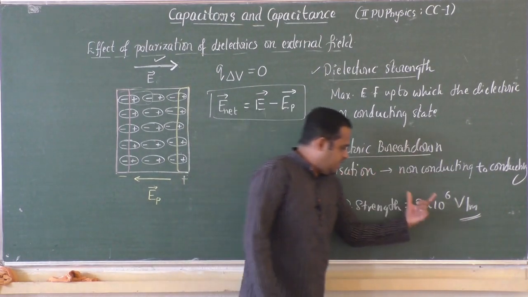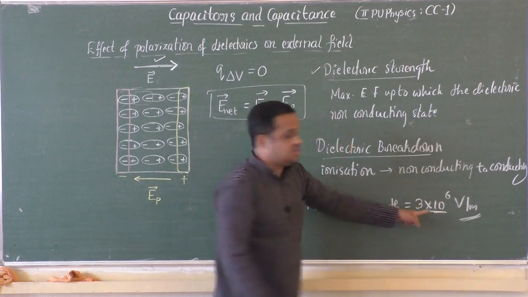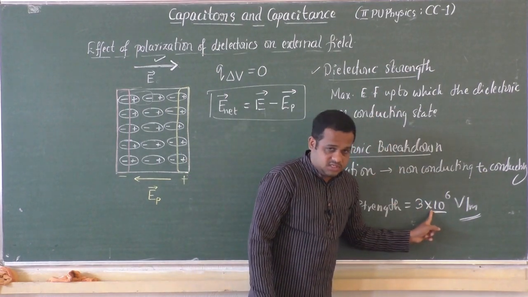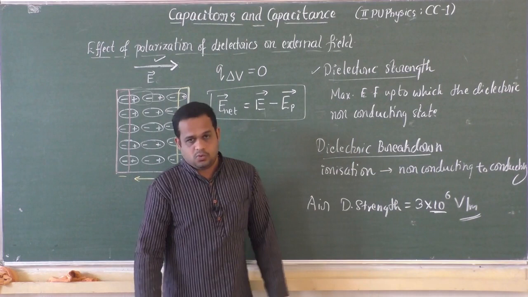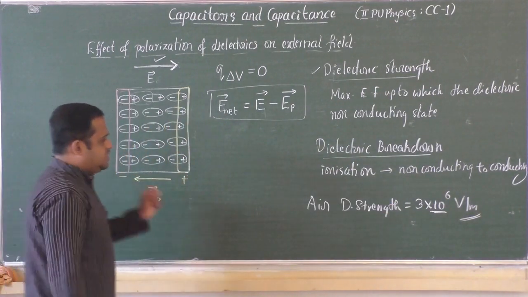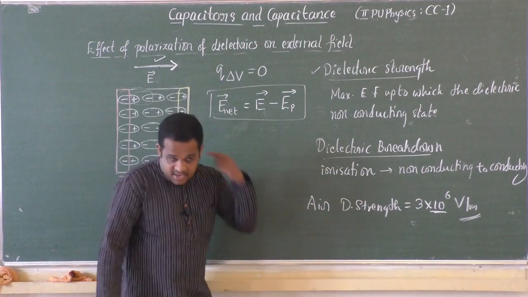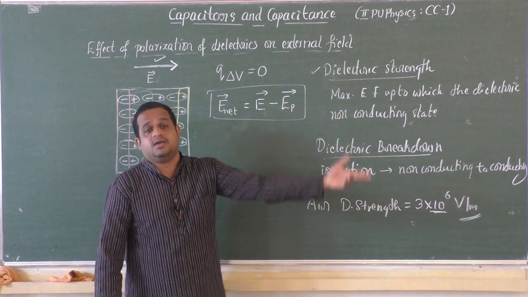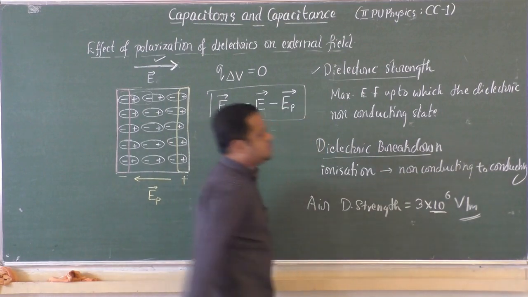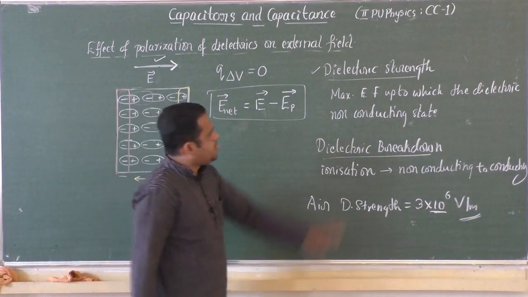If the external electric field strength crosses this value, ionization of air takes place, and air changes its state from non-conducting to conducting. That is the dielectric strength of air. I think it is clear.